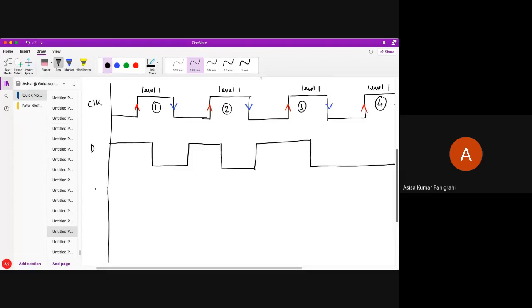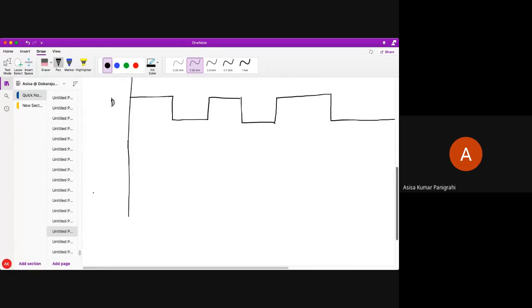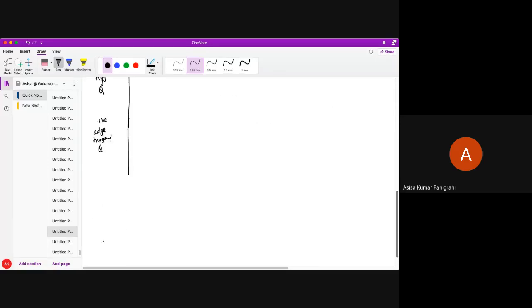Now you have to find out 3 outputs here. What are the 3 outputs? One is level triggered Q, another is positive edge triggered Q, and another is negative edge triggered Q. So 3 things you have to find out.